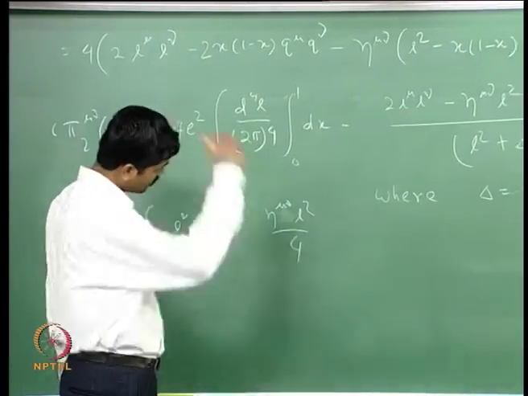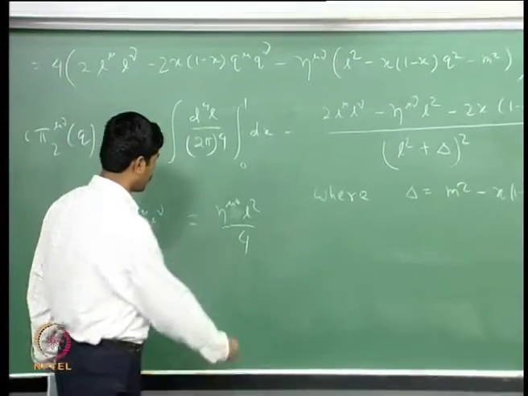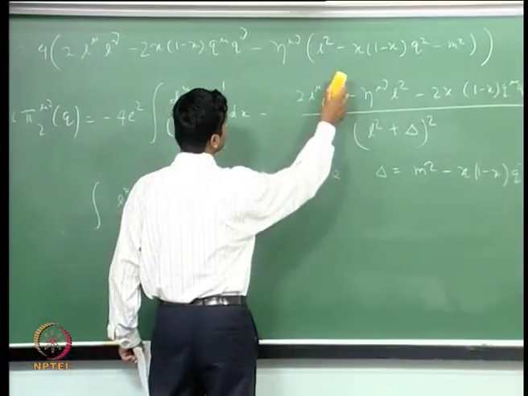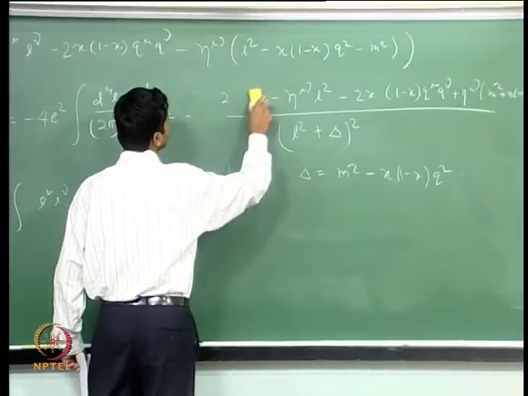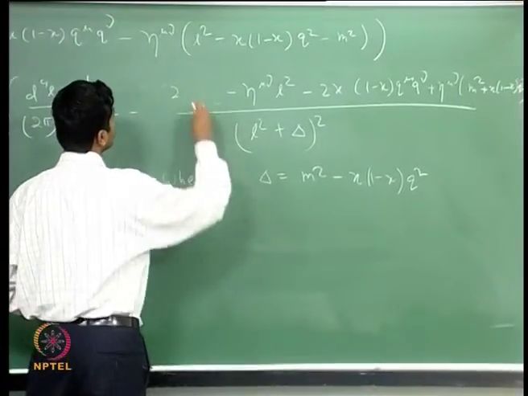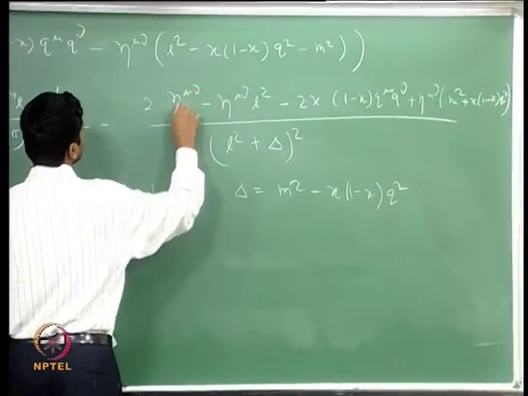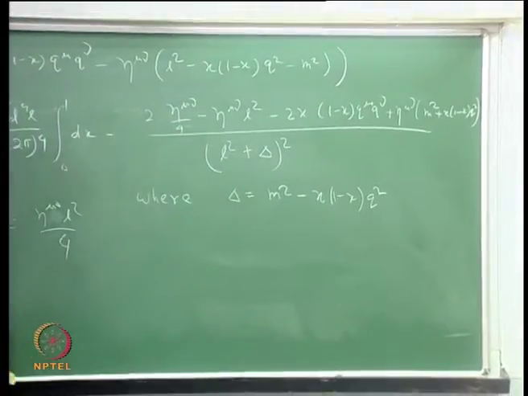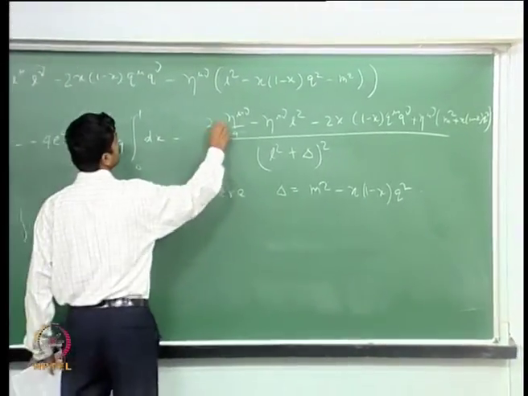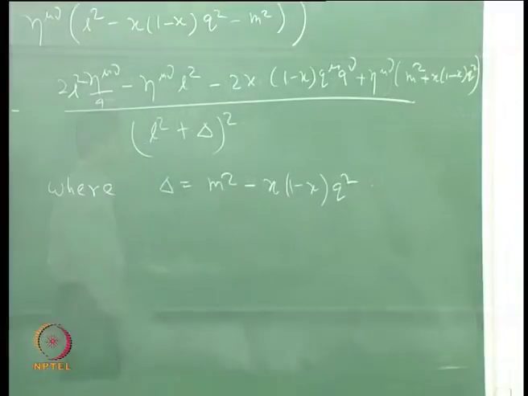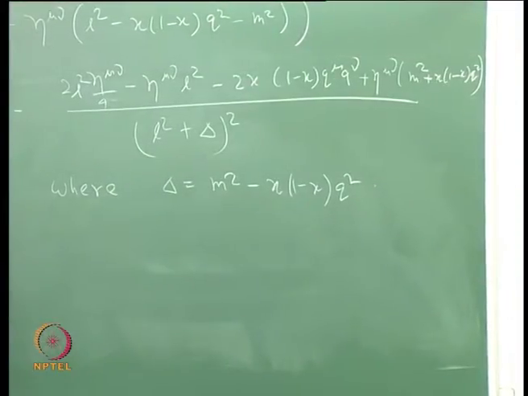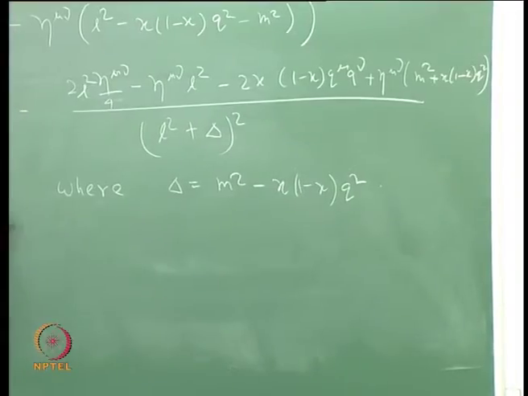So, when I do that, I will simply get eta mu nu divided by 4 times L square. This we need to evaluate.